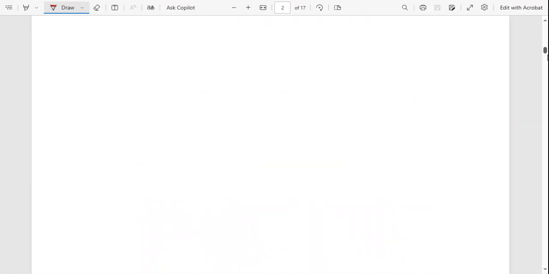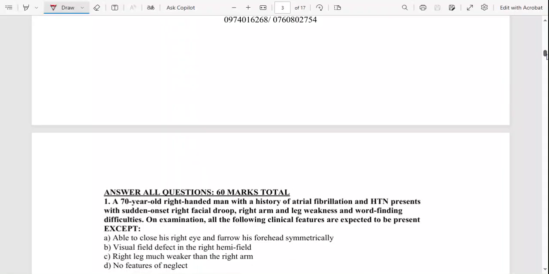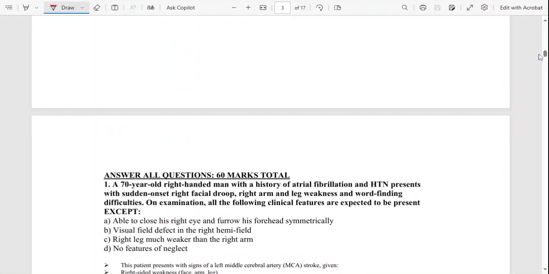So let's go. 2024 Internal Medicine Paper 1. Question 1 is saying a 70-year-old right-handed man with a history of atrial fibrillation and hypertension presents with sudden onset right facial droop, right arm and leg weakness, and word finding difficulties.